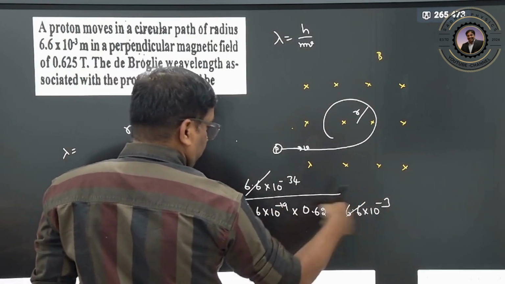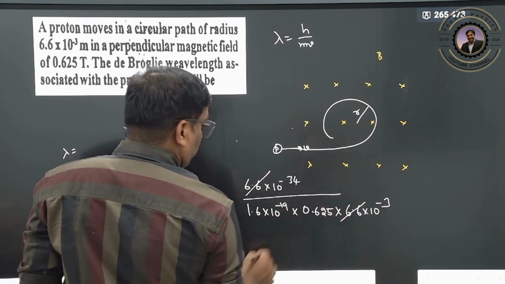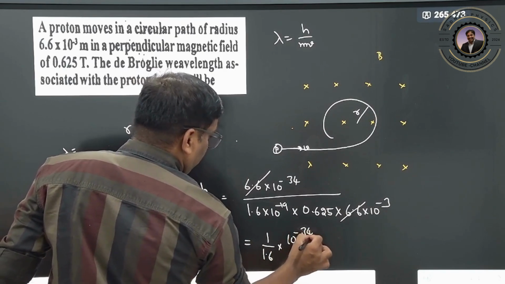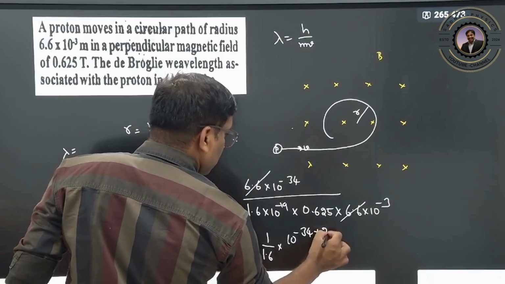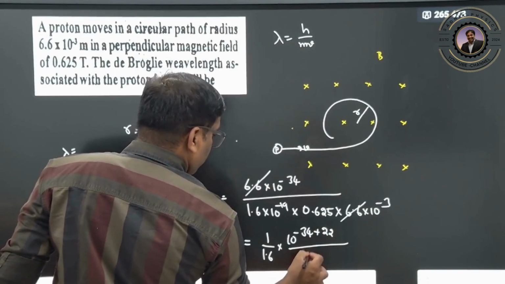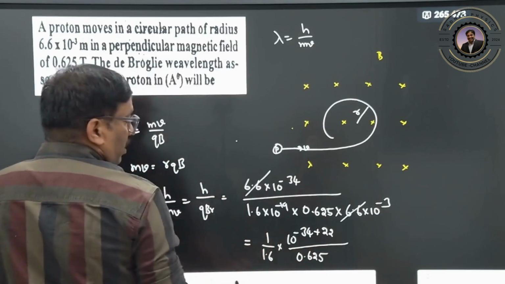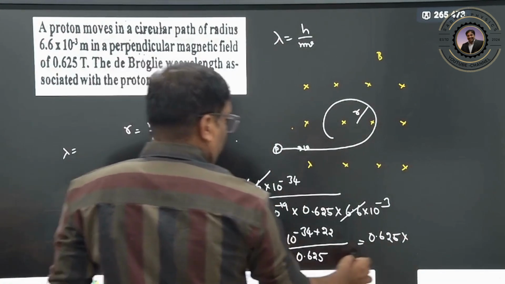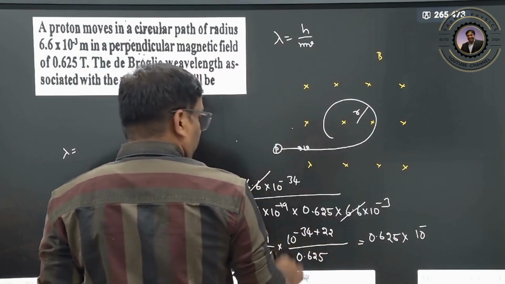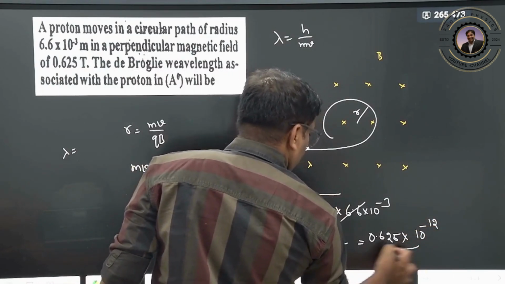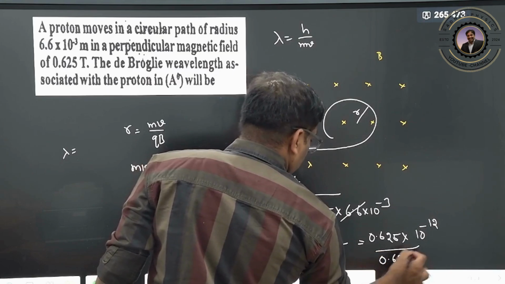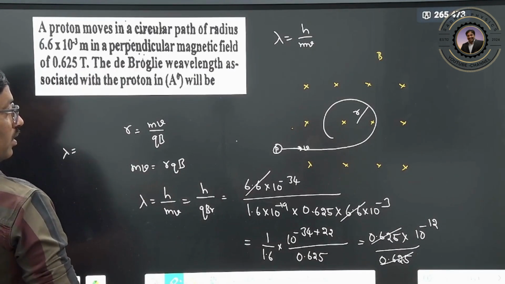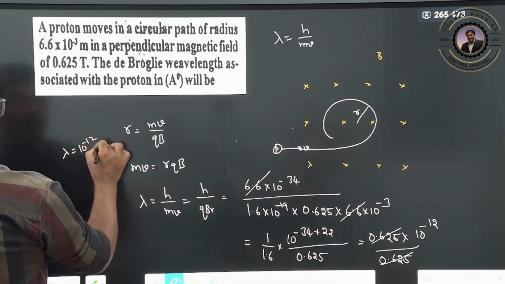You know 1 by 1.6 is nothing but 0.625, and this also gets cancelled out. Therefore, the de Broglie wavelength is 10 to the power of minus 12 meters.